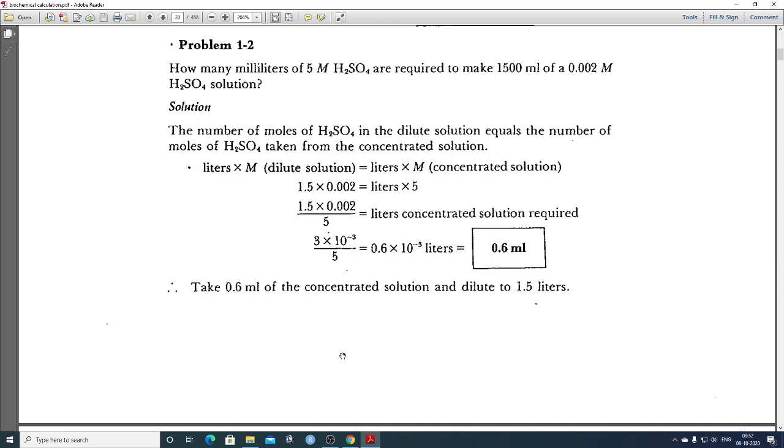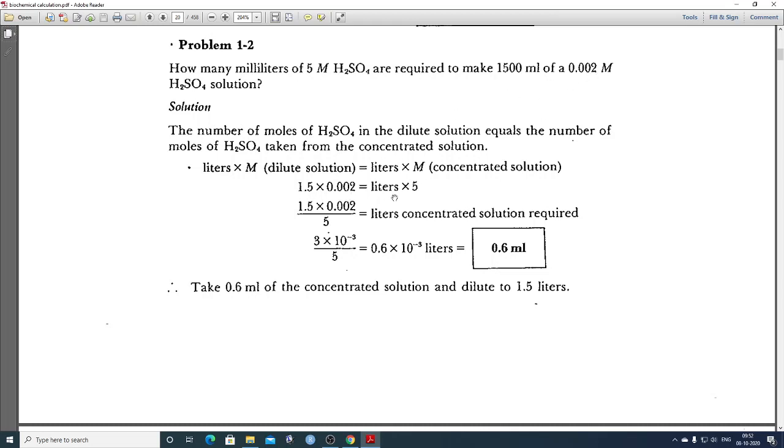The number of moles of H2SO4 in a dilute solution equals the number of moles taken from the concentrated solution. So this is N1V1 is equal to N2V2.